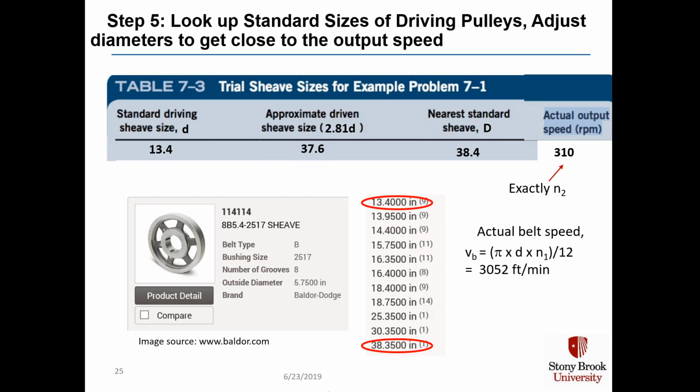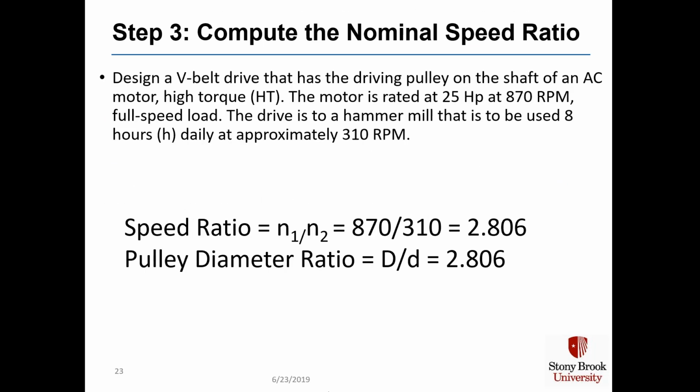Our goal in the exercise was to get the actual output speed as close to 310 RPM as possible. When we looked at the combination of 38.35 and 13.4 and divided the two numbers, we hit very closely our 2.806 speed ratio, which allowed the 870 RPM input speed of the motor to get us a 310 RPM output speed.